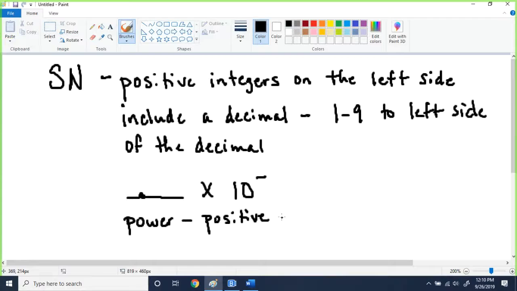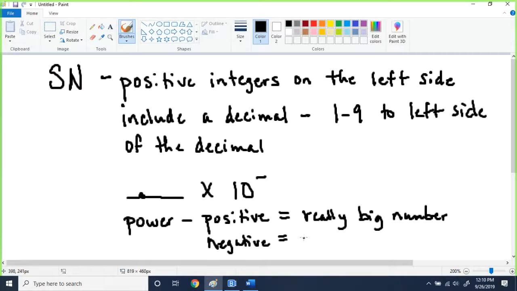A positive power means the number is really big. And a negative power, really small number.